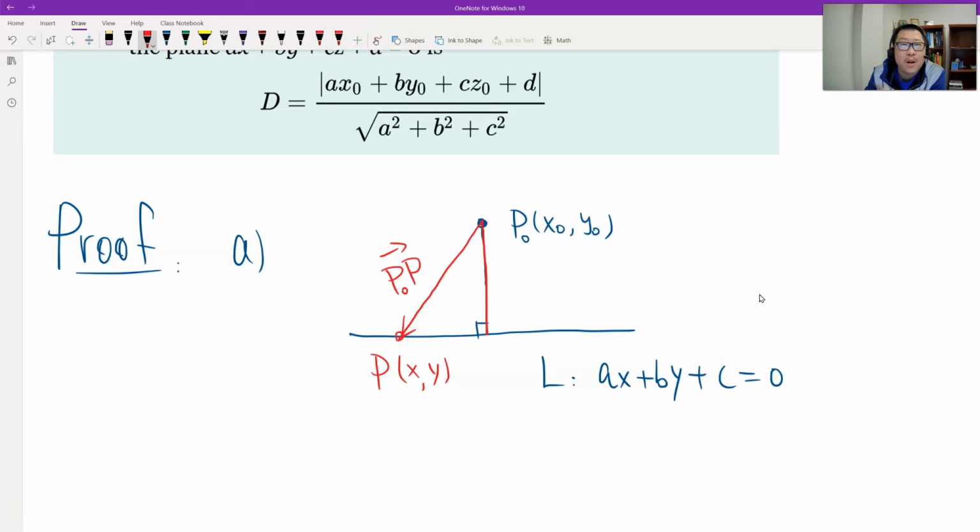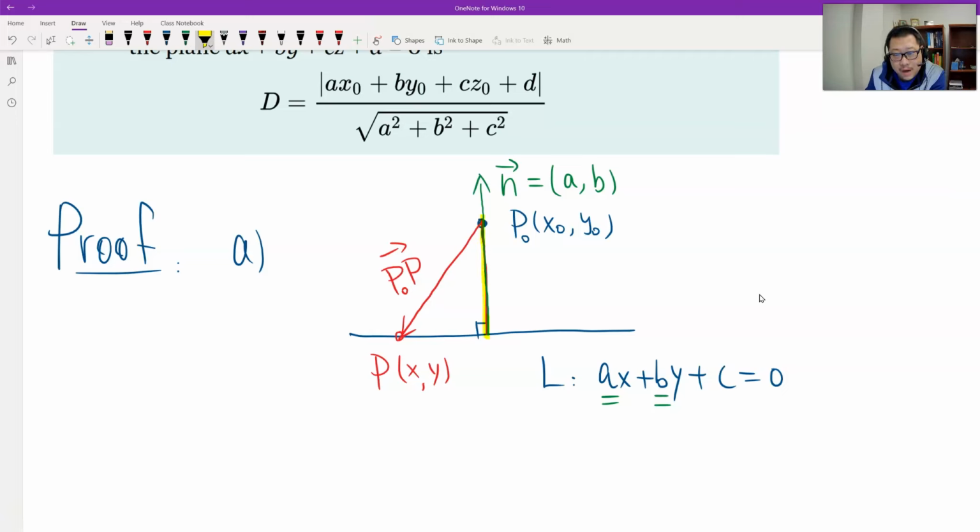This is the normal direction of the straight line. Remember, this is perpendicular, so this direction should be the normal vector. We learned before that the normal direction should be the vector (a, b), right? See, this is easy. It's just (a, b). So I know this.